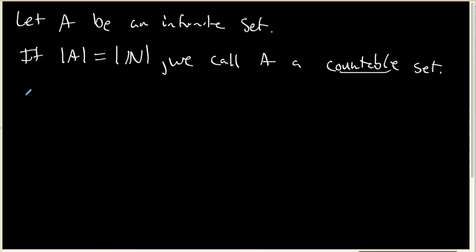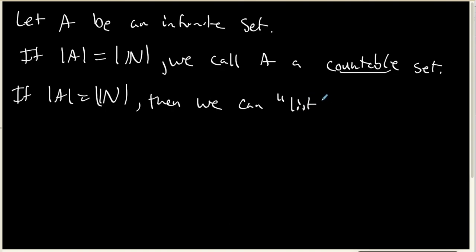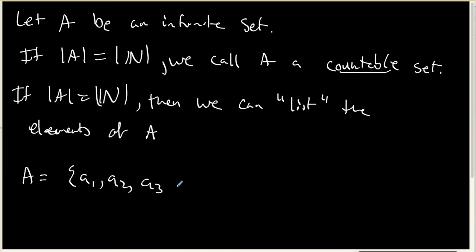And the importance of this is that if A is countable, then we can actually list the elements of A. In other words, we can say that A is equal to A1, A2, A3, A4, A5, and the list goes on forever.